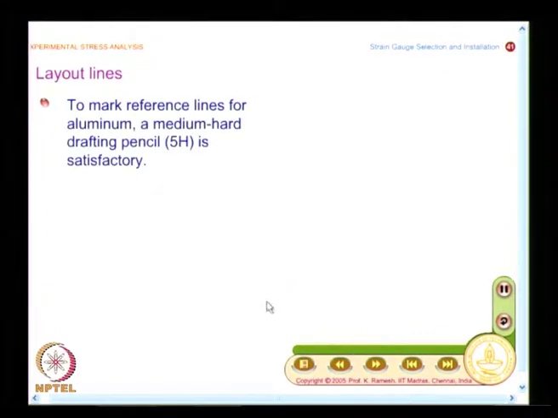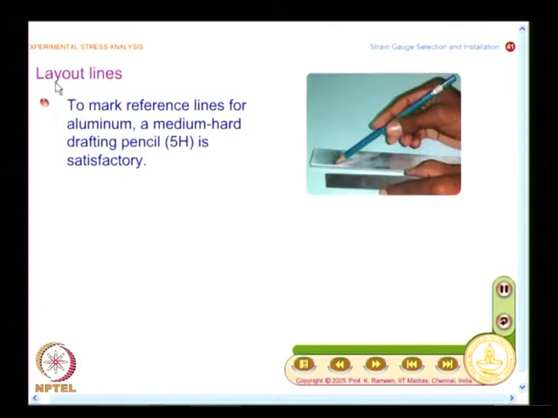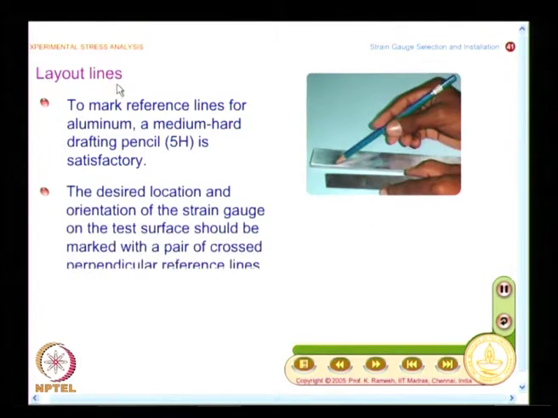And the next important step is to put the layout lines. To mark, you can even use a drafting pencil for aluminum, but for steel and other materials a graphite pencil is not recommended, we will also see that.